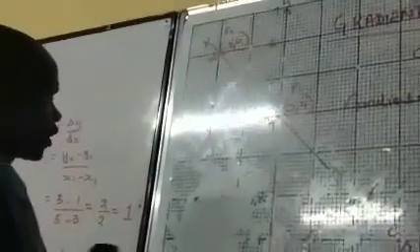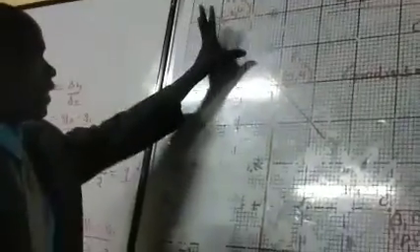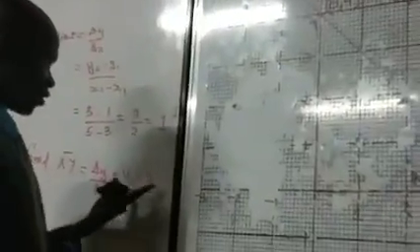So generally, what have we done here? To get the gradient of a line, you get the change in the y-axis and then you divide by the change over the x-axis. And after you've got that difference, that will give you the gradient.